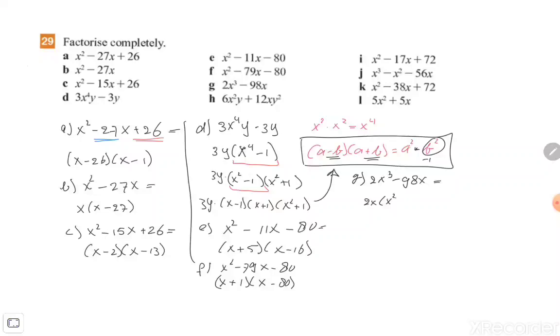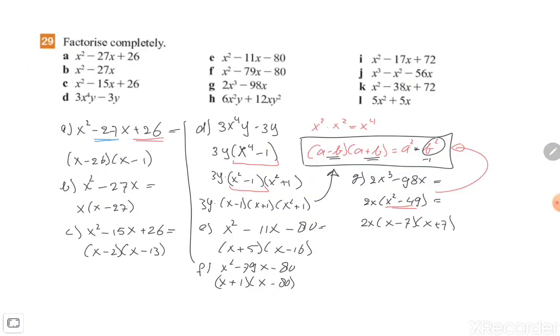X squared and minus 49. There you go. In that case, you need to see that this is again a remarkable product. So we can go on with 2x times the bracket x minus 7 and x plus 7.